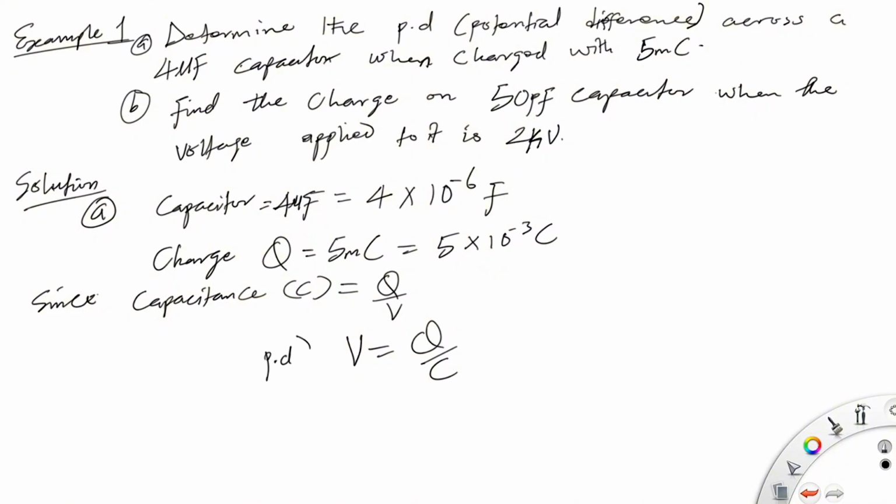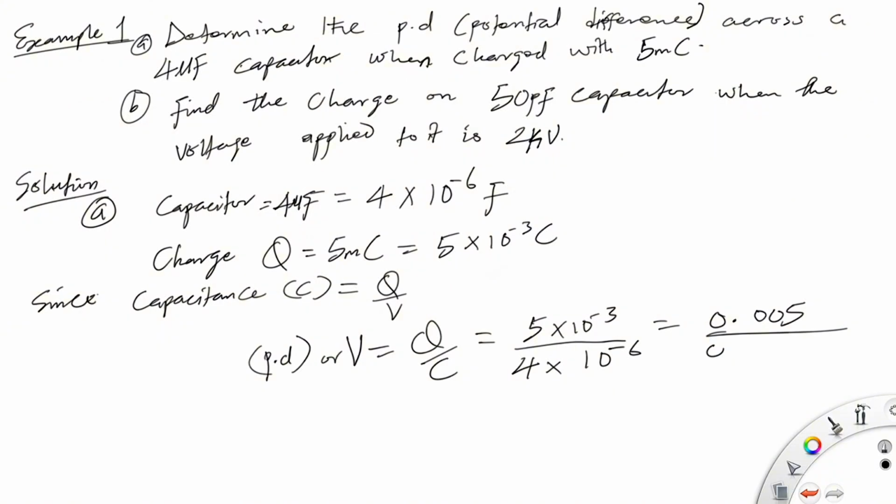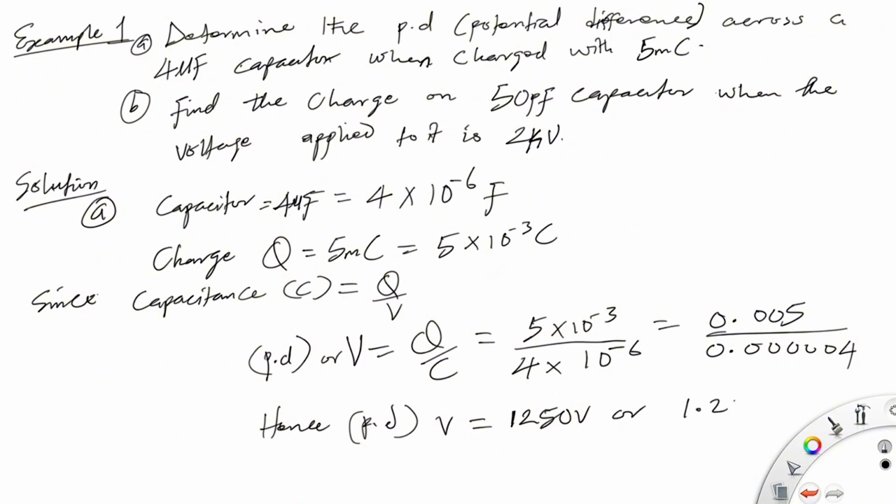So V is equal to Q over C, which is equal to 5 times 10 raised to the power minus 3 all over 4 times 10 raised to the power minus 6, which is equal to 1250 volts, or 1.25 kilovolts. So that's that for A.